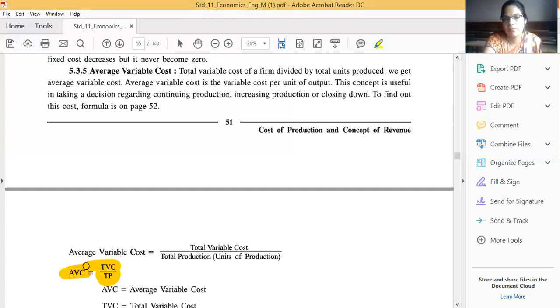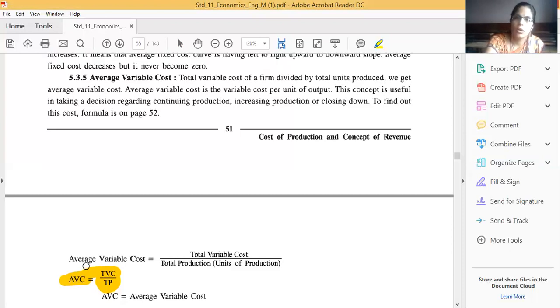So one by one we will explain it. The total variable cost of a firm divided by total units produced, we get average variable cost.